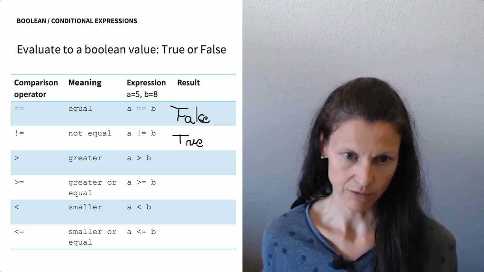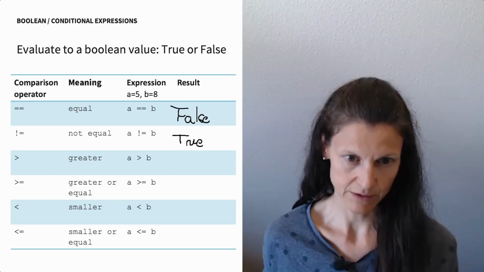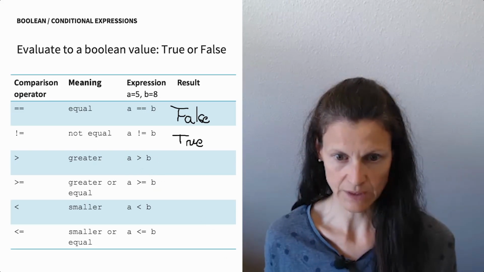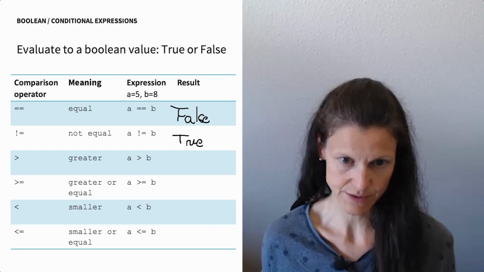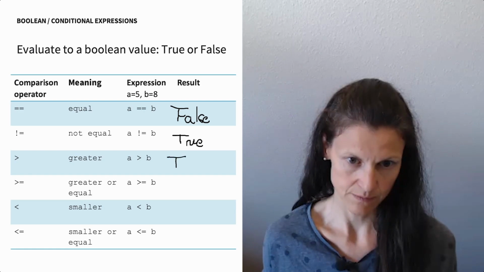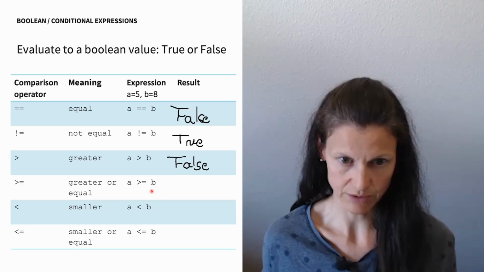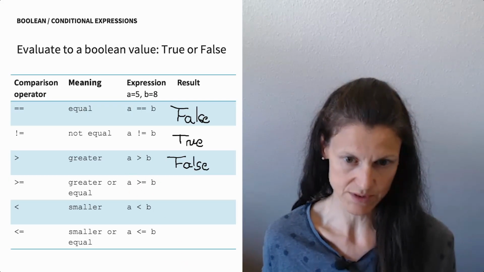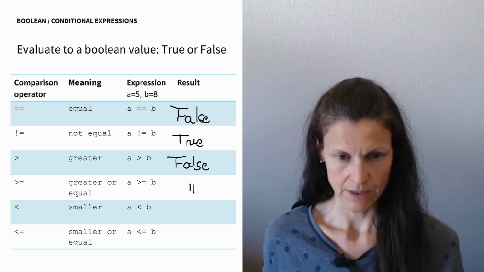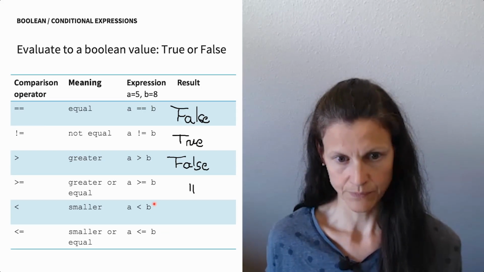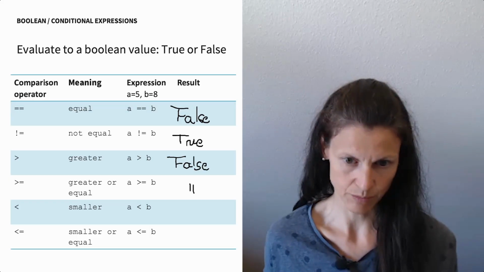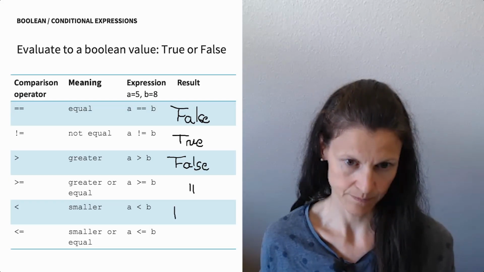Then here, if we evaluate the expression A greater than B, in that case 5 is not greater than 8, this would be false. And also 5 is not equal to 8, so A greater or equal compared to B would also be false. And then A smaller than B would be true, and also A smaller or equal compared to B would be true.